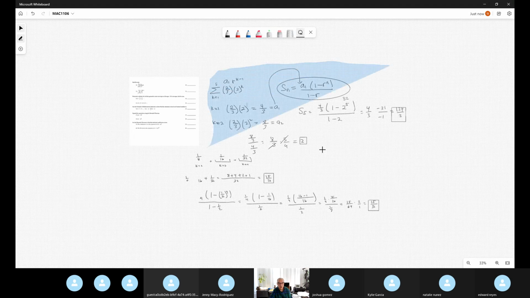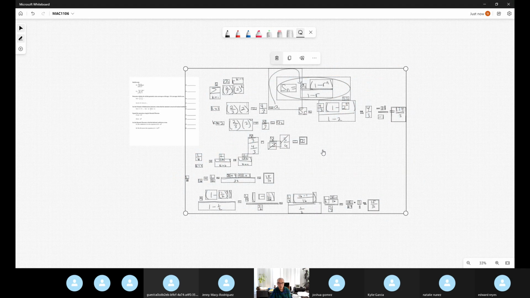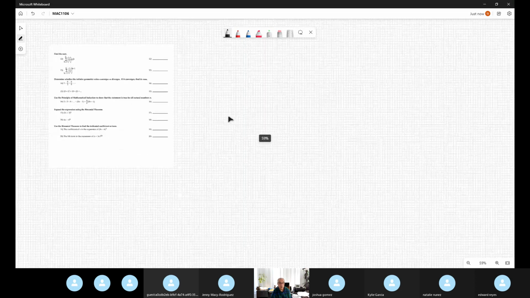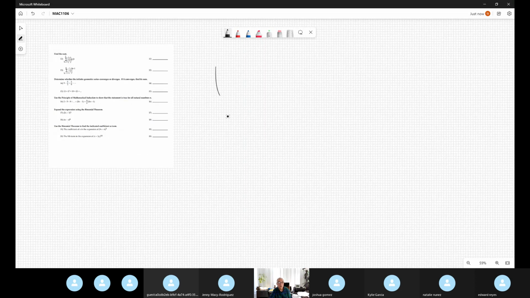So the only condition to converge is that the series is geometric, of course, and the absolute value of the common ratio must be less than 1. This is convergent. Otherwise, it diverges. So si the absolute value is greater than or equal to 1, it diverges.